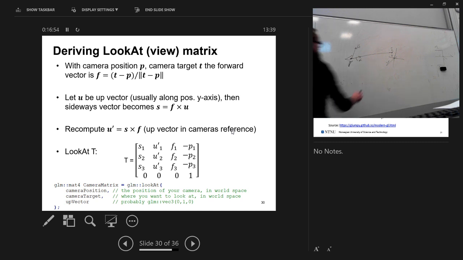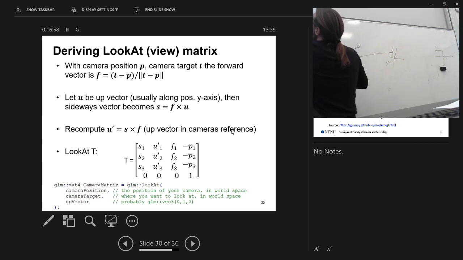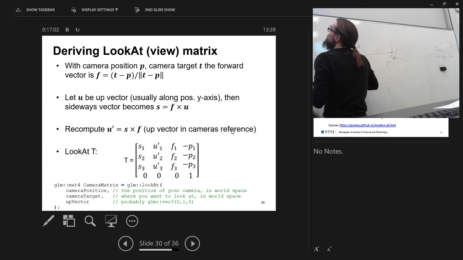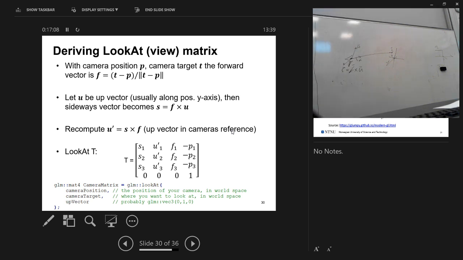So you take the cross product, and then you get this sideways vector here, S, which is equal to F cross U. Now you have the sideways vector. And that is orthogonal to the other two by this operation in itself. Now, the last thing you have to do to make sure that the up vector is orthogonal to all the other ones, you just make another cross product with those two, and then they're always right angles.